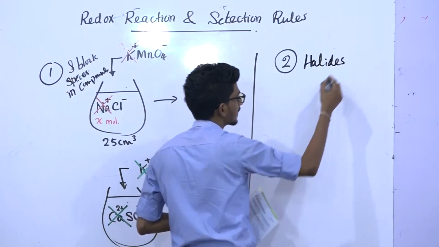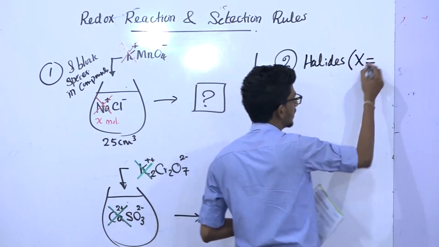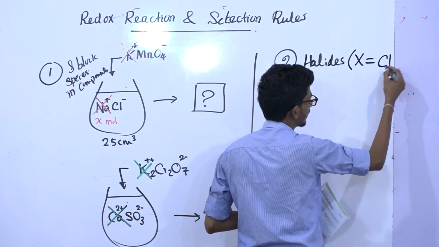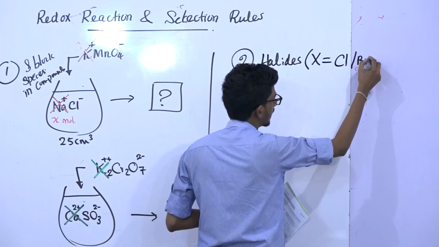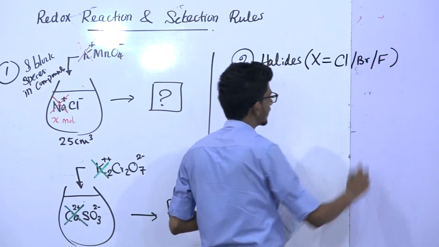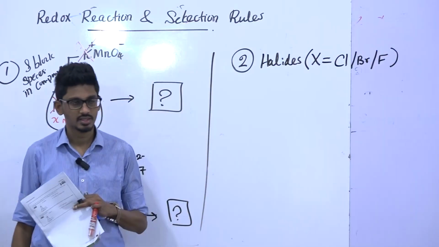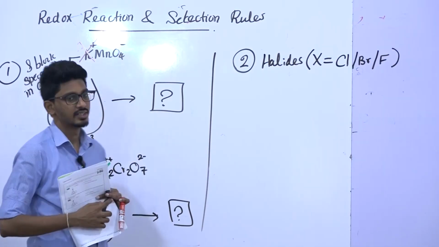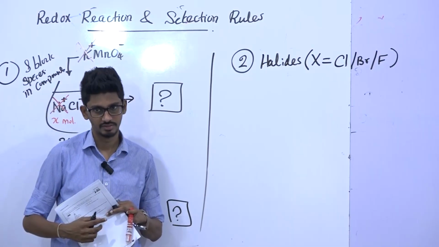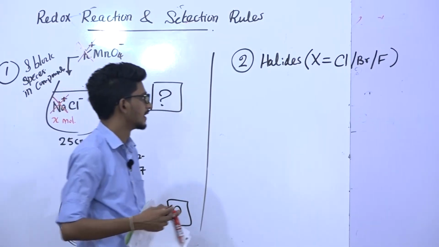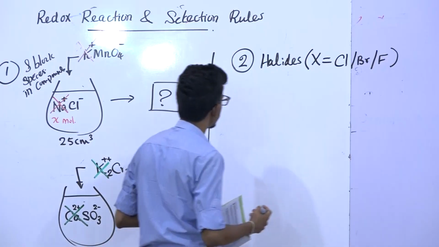What are the halides? Normally we take the chlorine, bromine, iodine guys as halides according to our syllabus. Fluorine-containing reactions are not discussed in the A levels.